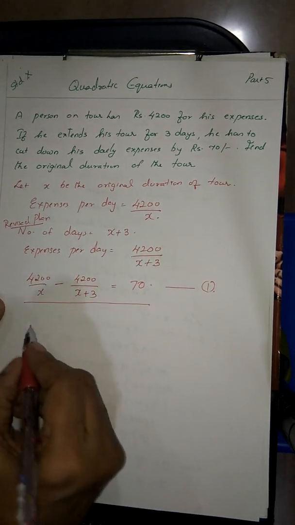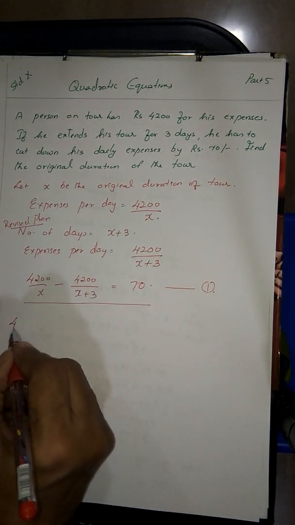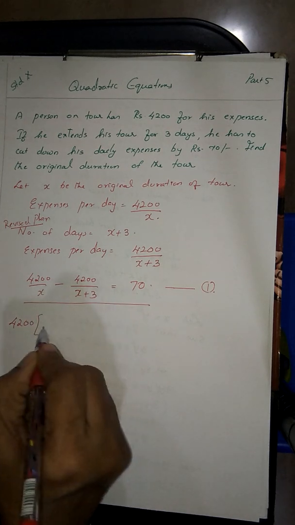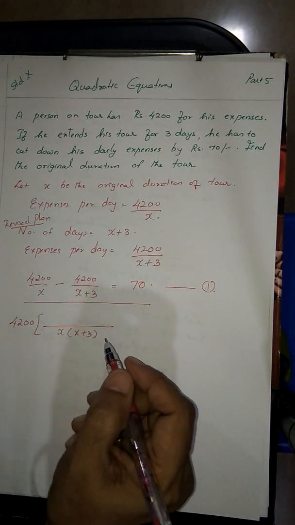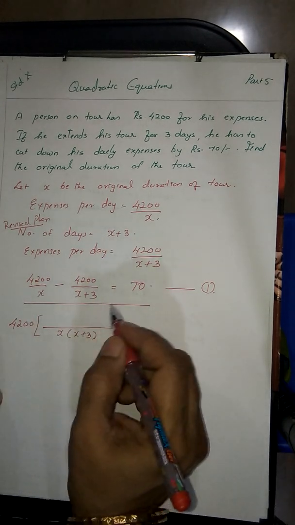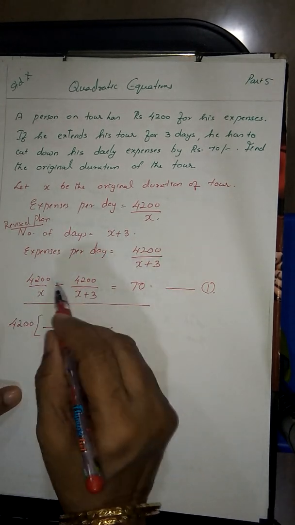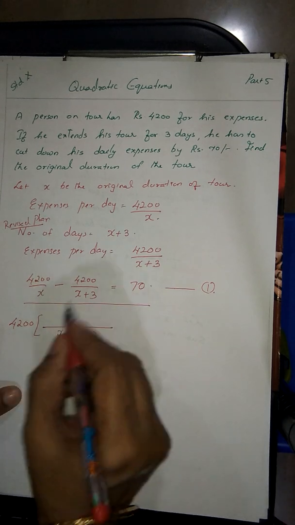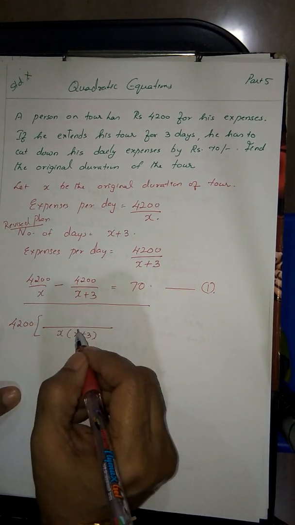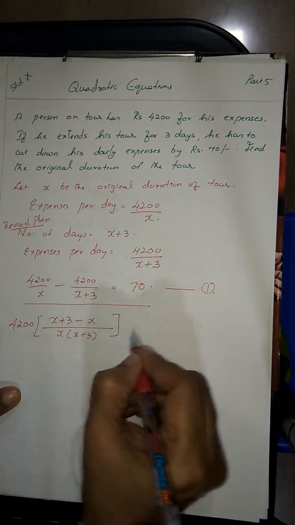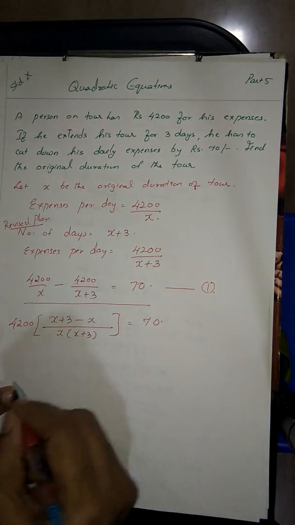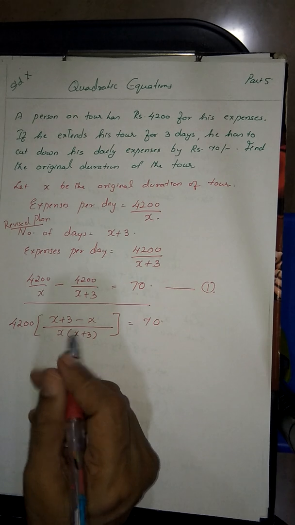Now we will solve this. We'll take 4,200 out. Then we'll take LCM also, x into x plus 3. Please do all this in one single step so that you can avoid unnecessary steps and save some time too. So x into x plus 3, x plus 3 minus x is equal to 70. So x and x will get cancelled.